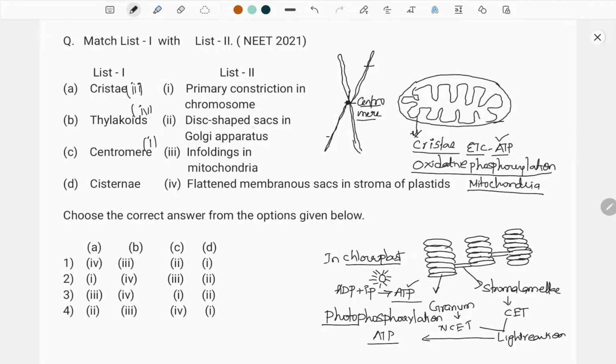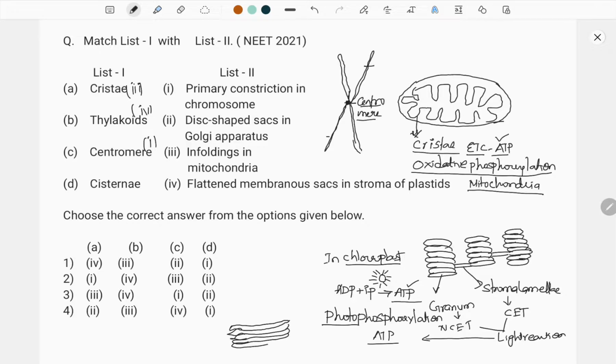What are the cisternae? They are disc-shaped sacs in the Golgi apparatus. See, the Golgi apparatus is not visible unless it is stained, and in this Golgi apparatus we find the cisternae-like structures. These are flattened sacs. They are called cisternae.